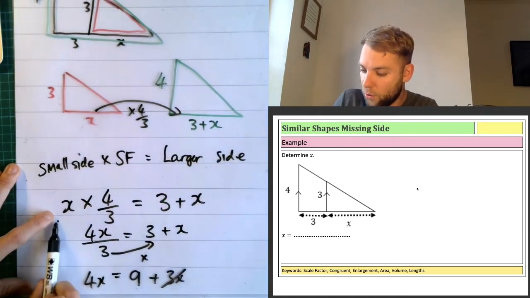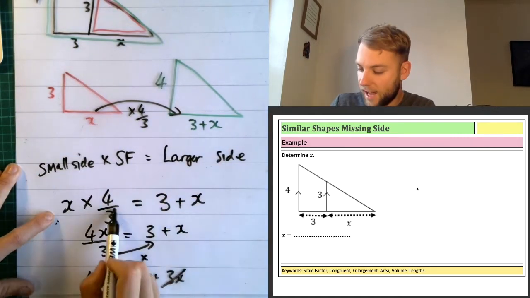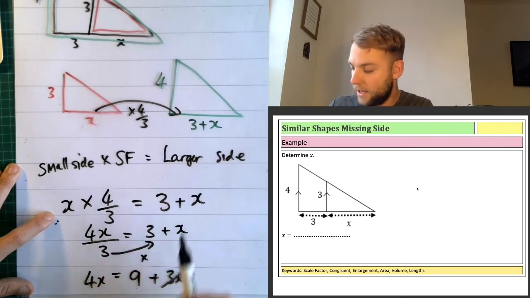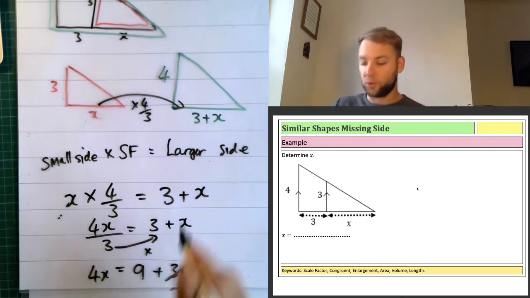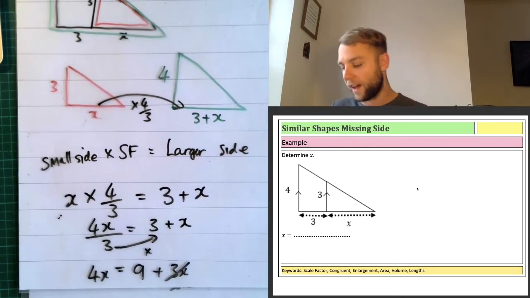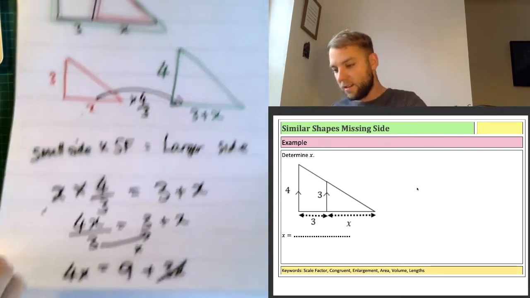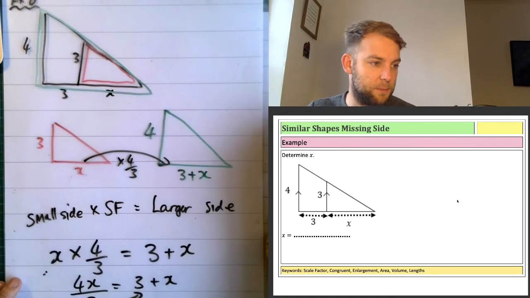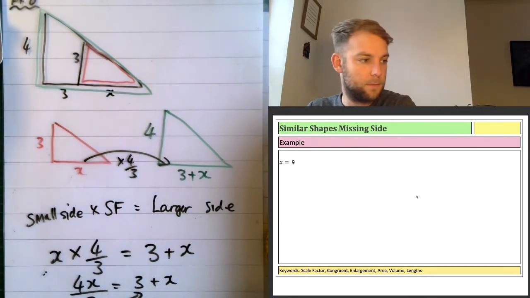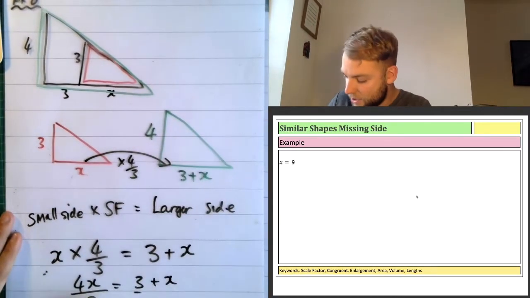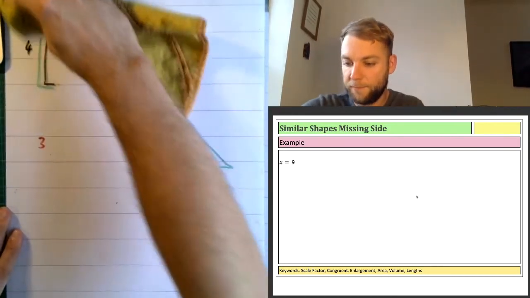So your smaller side, which is x, times by your scale factor, which is 4 over 3, is equal to your larger side, which is 3 plus x, and we create that equation. It's tough, that. It is tough. But that's why we've left it till the end, okay? Alright, so let's check that answer, make sure we've got it right. X is equal to 9, yeah, it is tricky, that, okay?